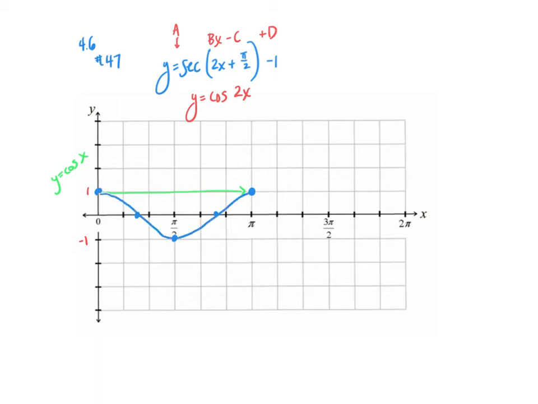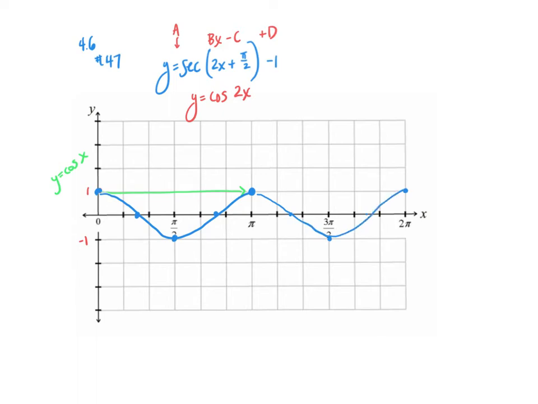So notice it's been compressed, and of course you could check values if you needed to, but hopefully you don't. I could graph a few more if I needed to, so if I wanted to go another pi, if you had to graph further.